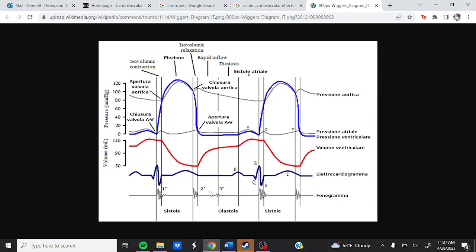So from this we get our three things we're talking about. We have the depolarization, pressure, and finally we have muscle contraction.